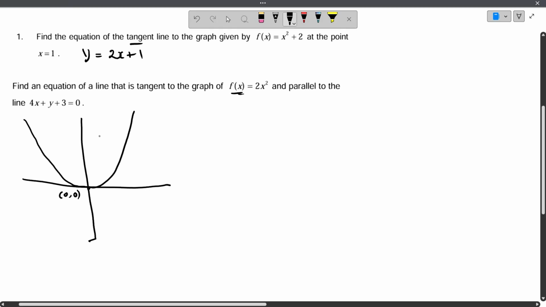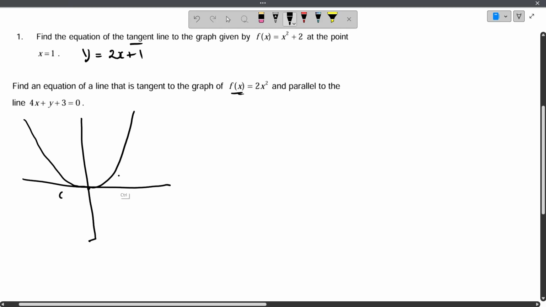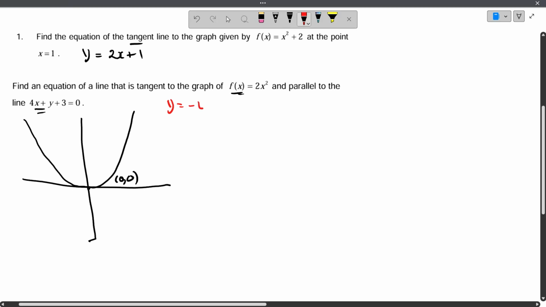And this line here is parallel to the line that will touch this graph at a point. We don't know at what point it will touch the graph. So let's make y the subject of the formula here. I'll have y is equal to negative 4x minus 3.